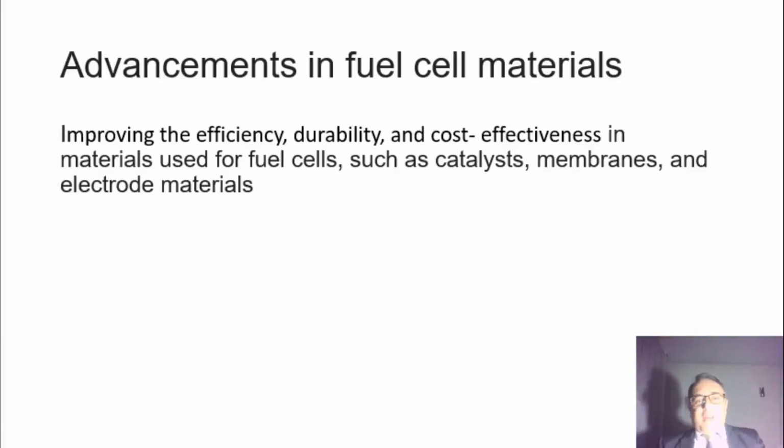We can improve efficiency, durability, and cost saving by selecting appropriate materials, such as very good materials for the membranes, electrode materials, and catalysts. They are very important and really effective to select for specific uses.